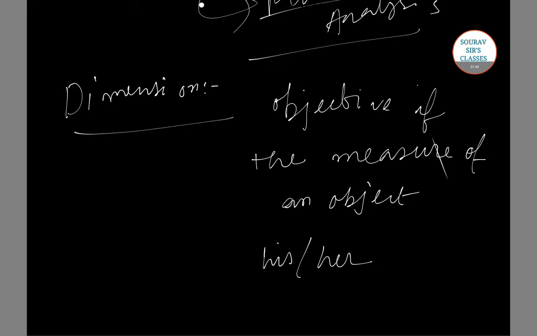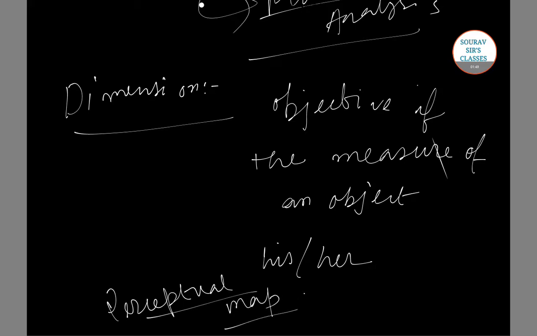Now we have perceptual map. Multidimensional scaling is a procedure for representing the preferences and perceptions of a respondent by way of visual display.